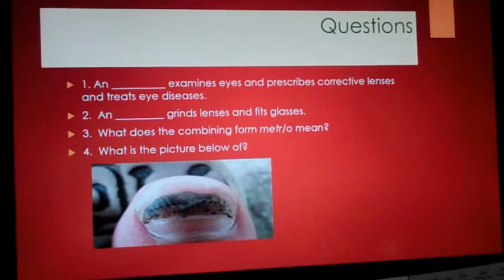Questions. Number 1. A blank examines eyes, prescribes corrective lenses, and treats eye diseases. Number 2. A blank grinds lenses and fits glasses.